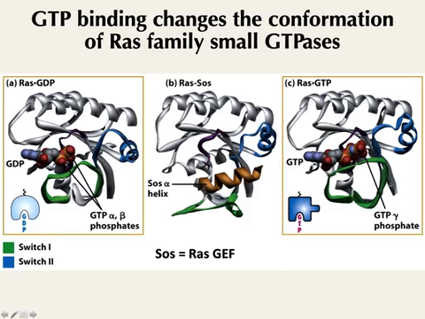Again, I don't need you to know the details, but just remember this very basic concept that this is a conformational change. So in cartoon form, you have this one, it's inactive because it doesn't have this little thing sticking out. The activity is not due to GTP hydrolysis. GTP hydrolysis instead inactivates these kinds of proteins.